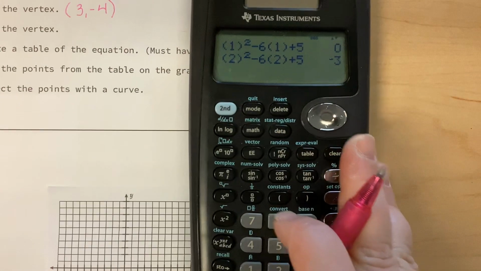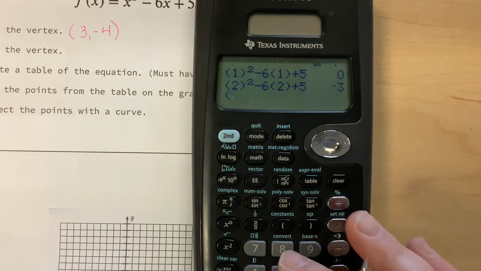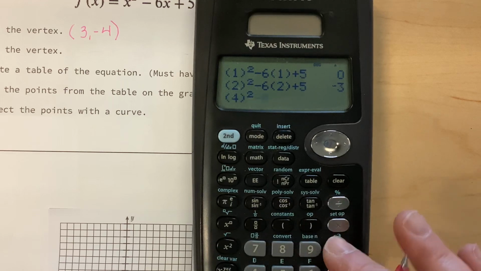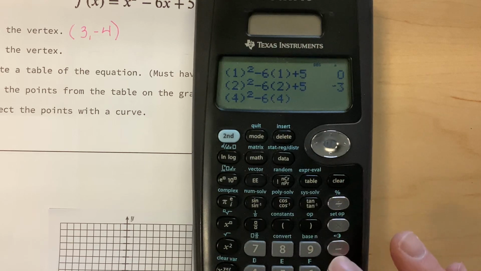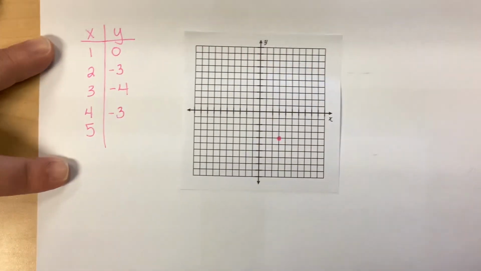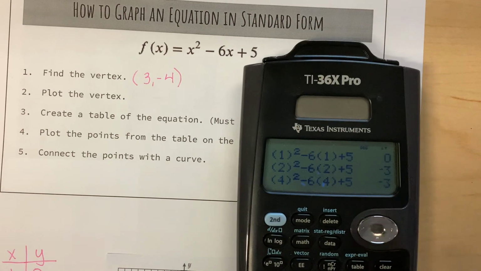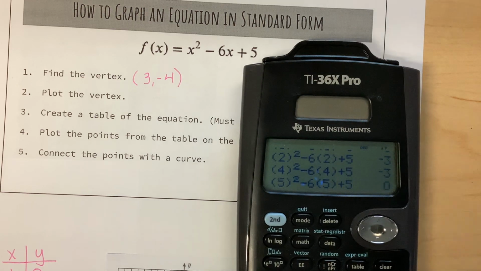Then I'm going to plug in 4. 4 squared minus 6 times 4 plus 5 is -3. And then I'm going to plug in 5. 5 squared minus 6 times 5 plus 5 is 0.